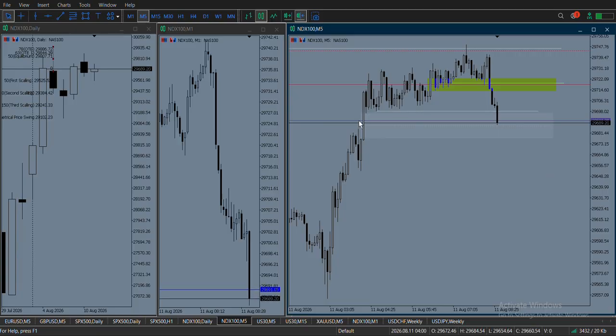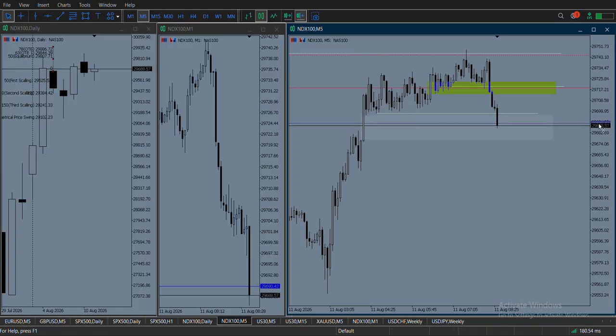So initially I had my limit at 690s, and I was expecting price to run through these lows here. So that 690 was my limit order to buy. That could be an entry right there at 690.